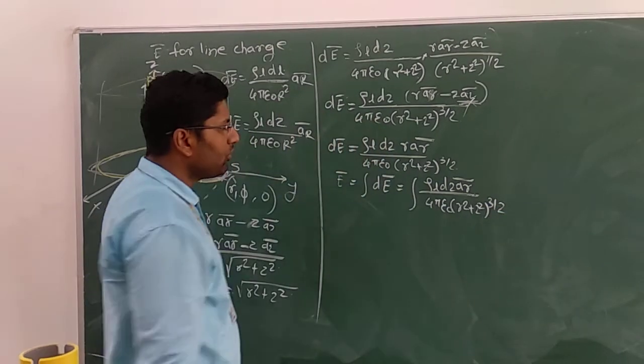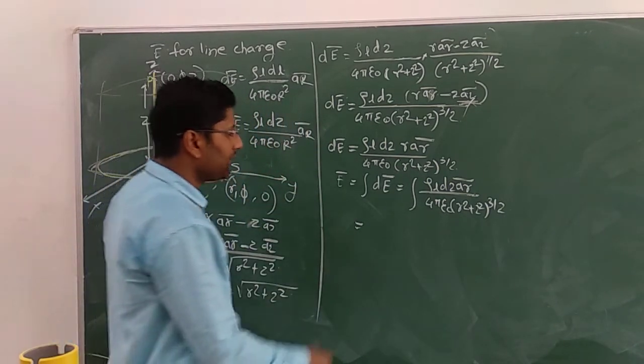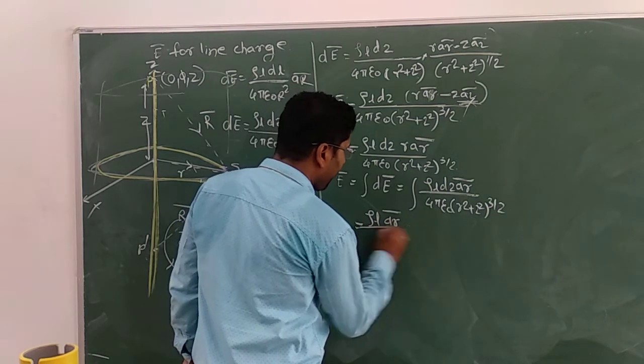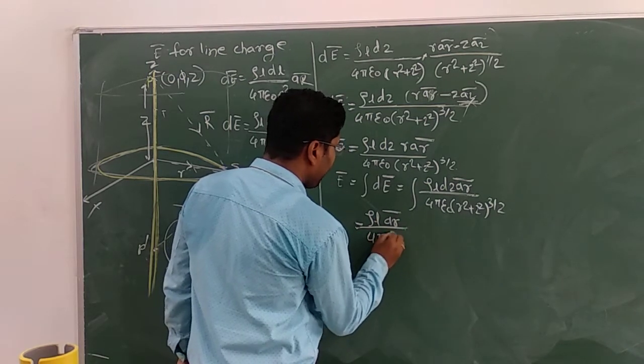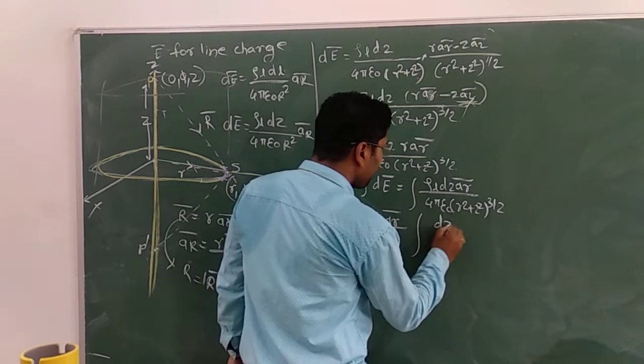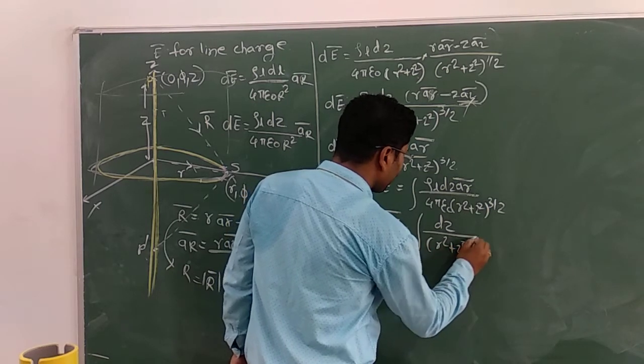Take the common things out of the integration: rho L aR bar divided by 4 pi epsilon 0, and the integration of dZ divided by (R square plus Z square) raised to 3 by 2.